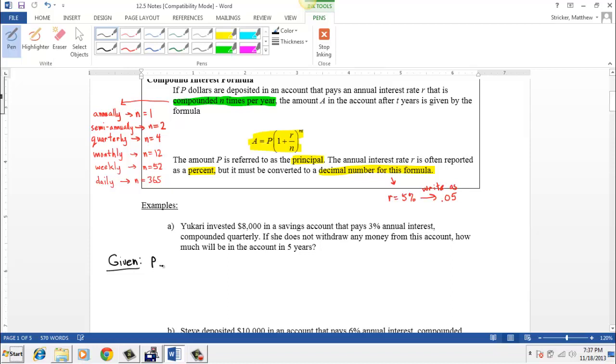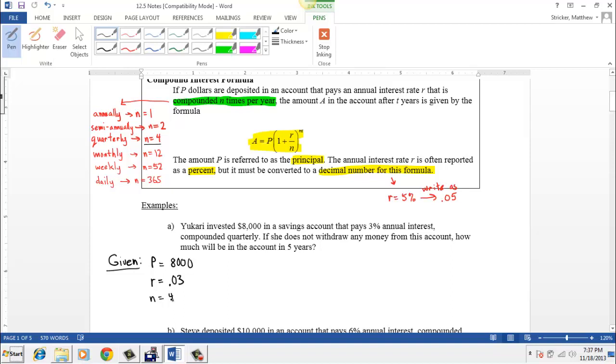So we know that P is equal to 8,000. And it says it pays 3% annual interest. That means R is 3%, but we want to write that as a decimal, so 0.03. It also says compounded quarterly, and we saw above that when it's compounded quarterly, that means n equals 4, because it compounds 4 times per year.